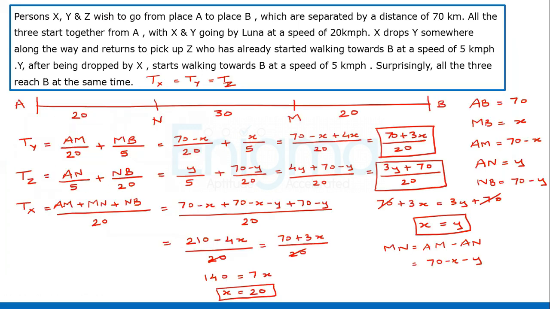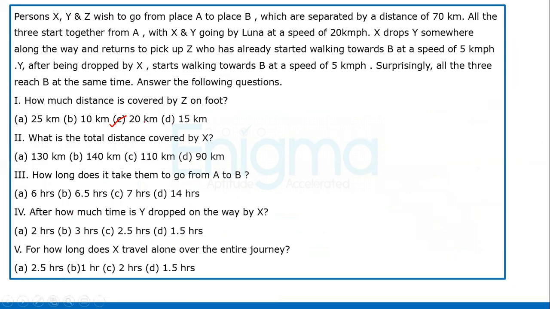Now X is covering AM. So AM now will be 50 plus MN, that will be 30 plus NB, that will be 50 again. So this is the total distance covered by X. So answer will be 130 kilometers. So answer will be option A.